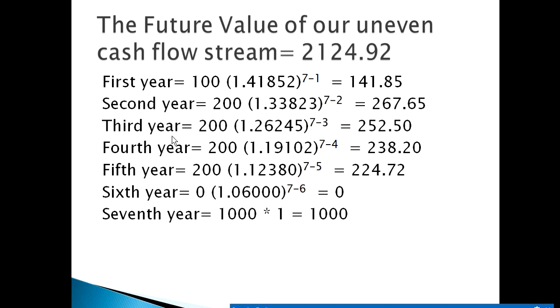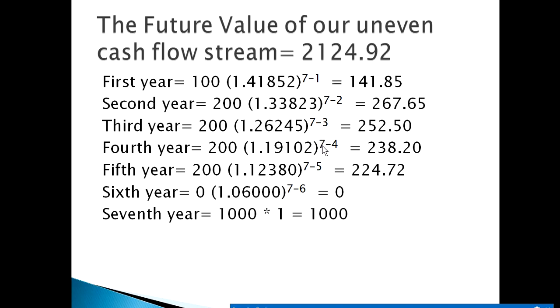And for the third year, the answer will be 252.50. And for the fourth year, we have to multiply our deposit, which is $200, by the future value interest factor for the third year, because we have deducted 4, which is the fourth year, from 7, which is the period of our investment.